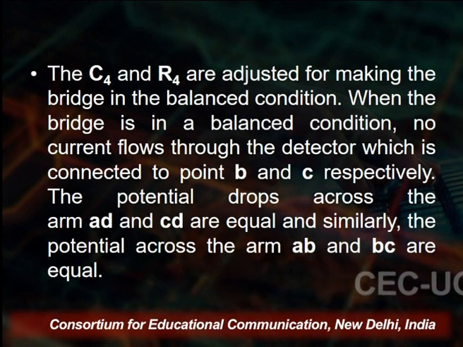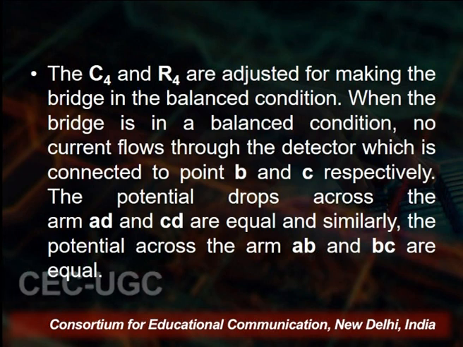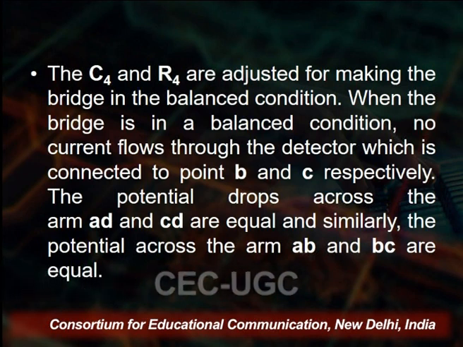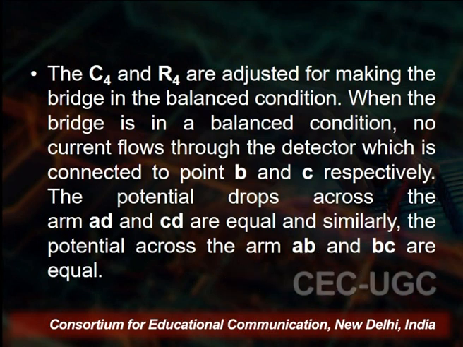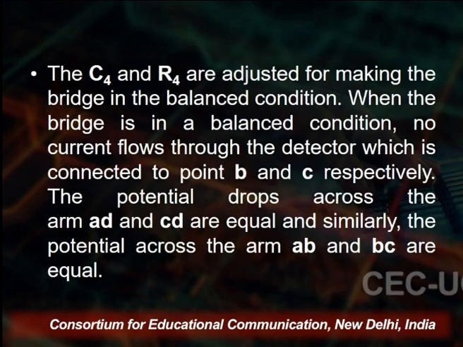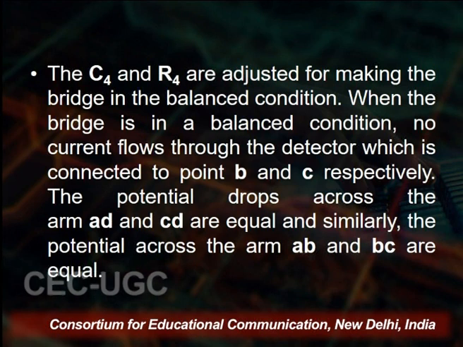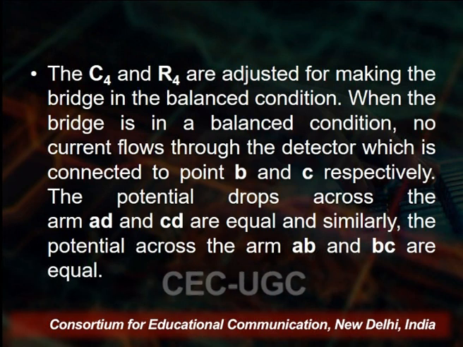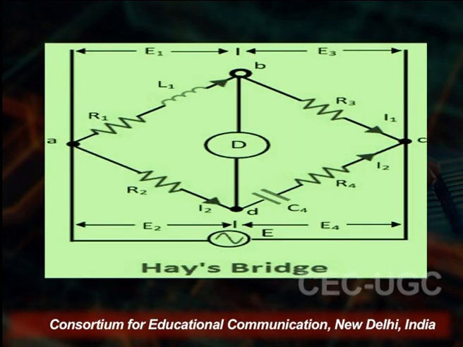Then we get the null deflection in the galvanometer, which is connected to the points B and D. The potential drops across the arms AD and CD are equal, and the potentials across the arms AB and BC are equal.